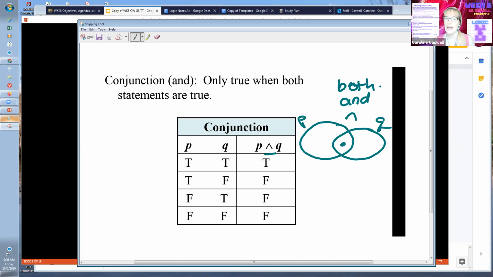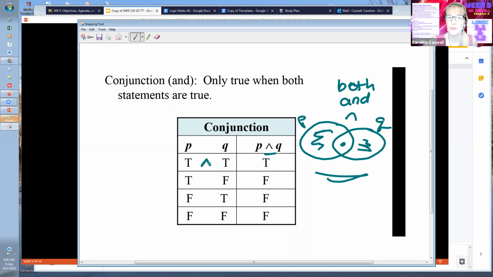If I have this P only area, it's going to be no. If I have this Q only area, it's going to be no. And if I have the area outside, it's going to be no. So that's the reason with conjunction, there's only one true statement. True, true, true.